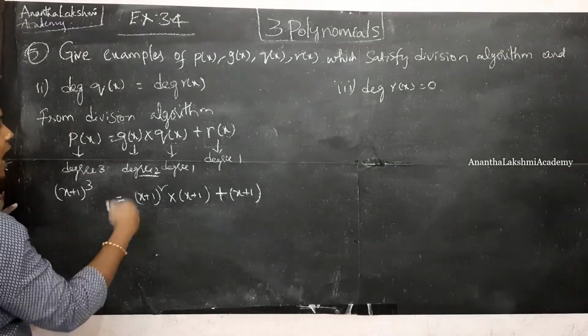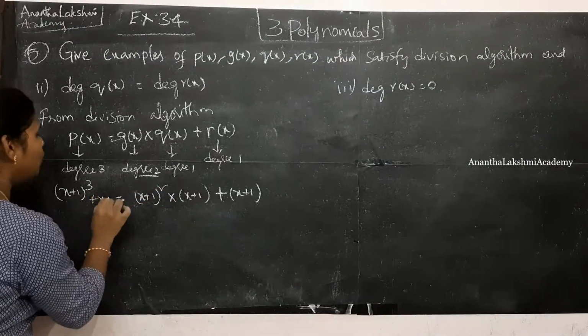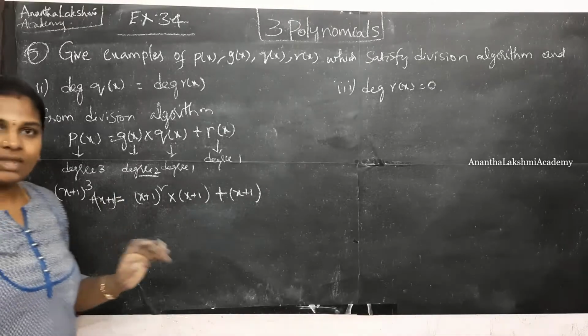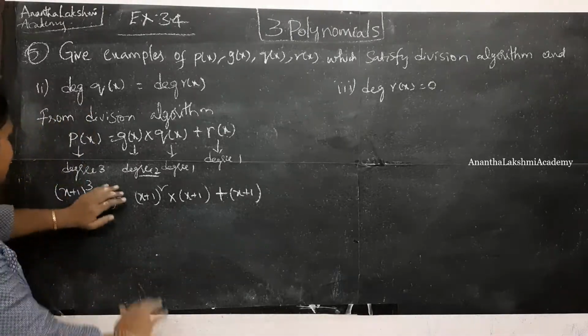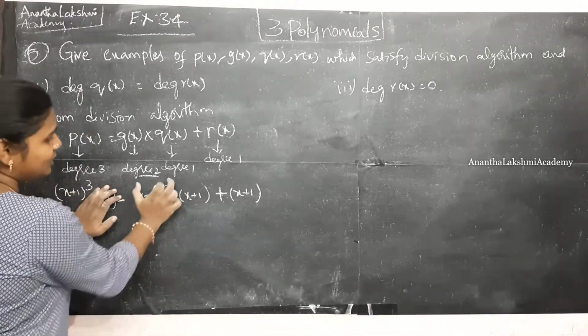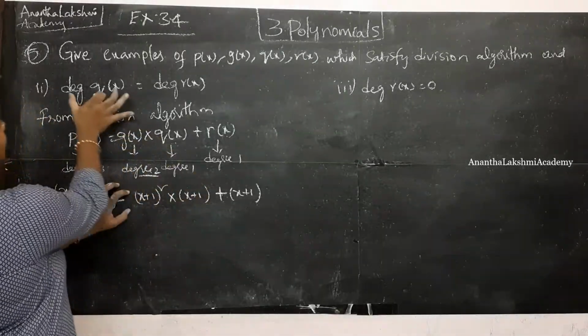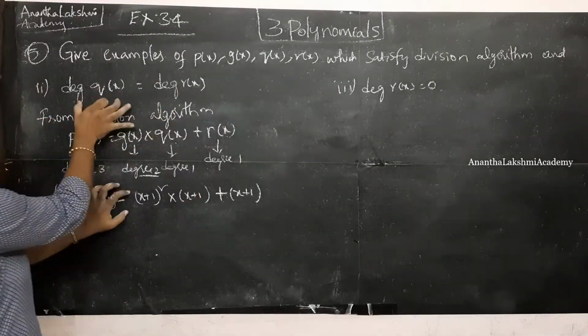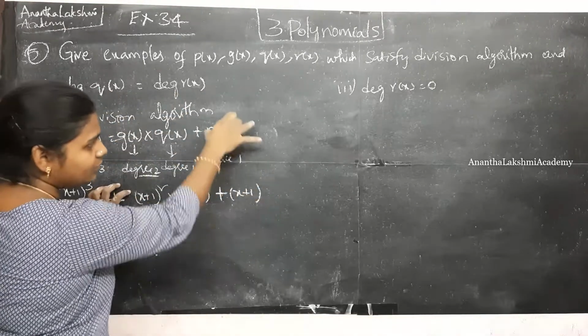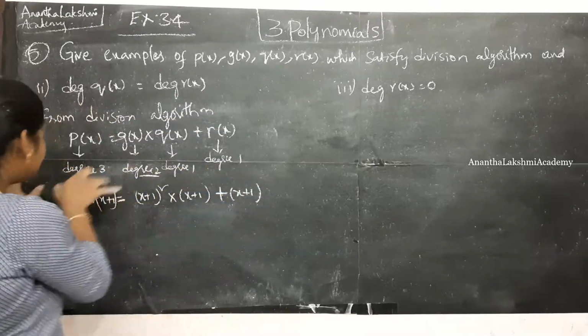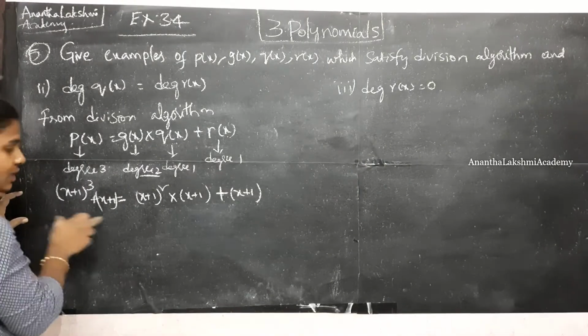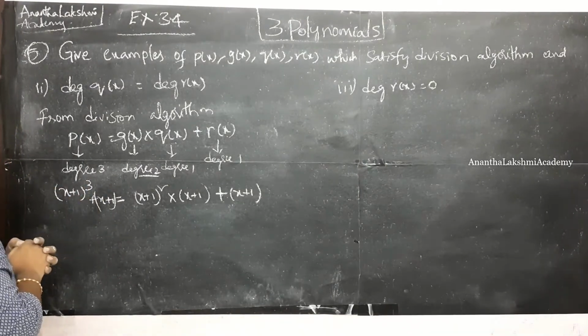We need to add x plus 1 on both the sides, isn't it? Else x plus 1 whole cube is equal to x plus 1 whole square into x plus 1. That is satisfied. But here, since r of x degree is equal to q of x, we have to substitute r of x as x plus 1. But this will break this equation. So I have added x plus 1 on both sides.